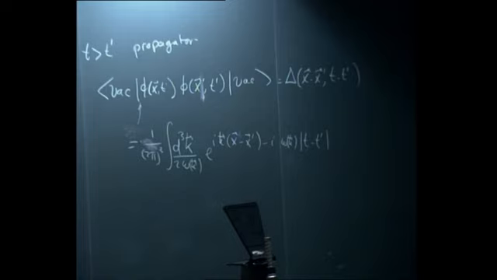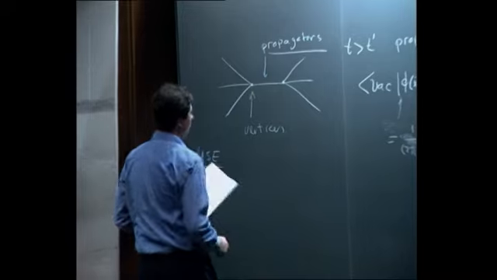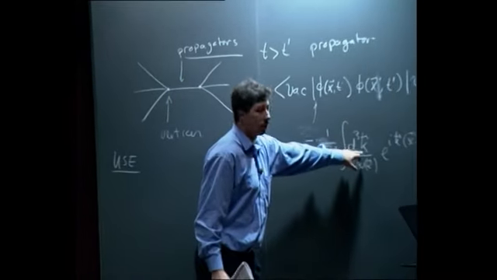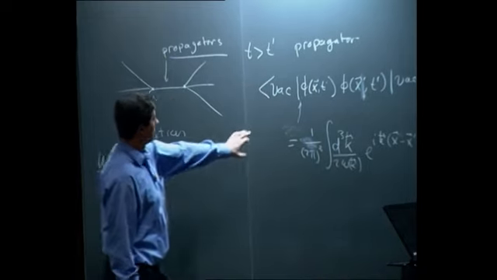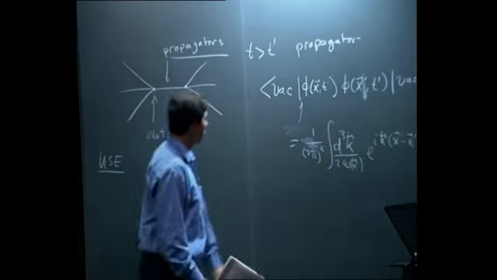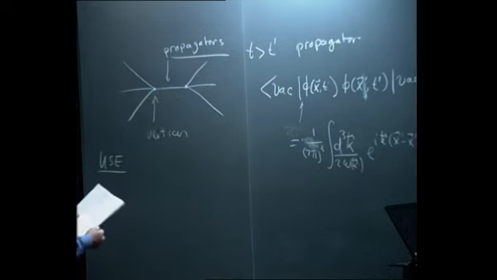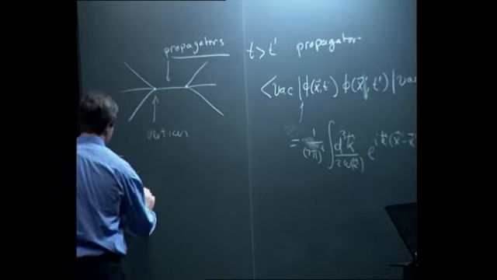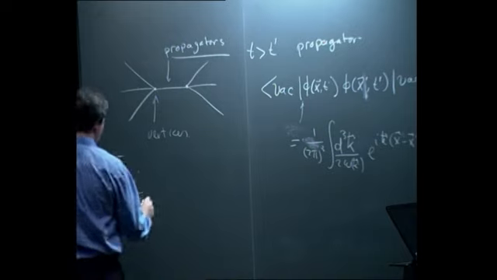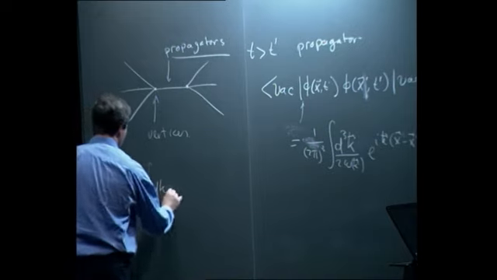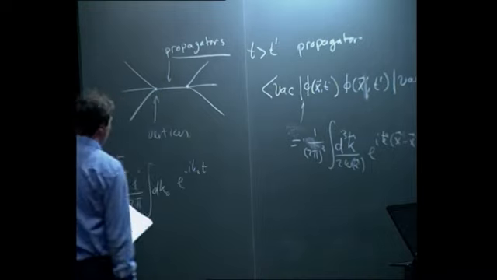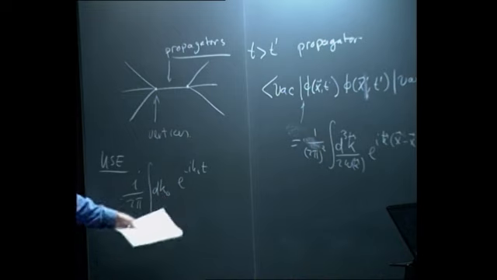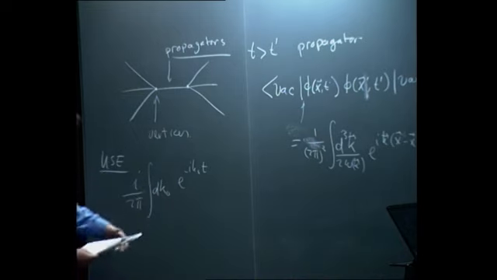Well, this you can rewrite using an identity. The reason I want to rewrite is that here I have an integration over 3 momenta, and I want to rewrite this expression in terms of an integration over 4 momenta. I use the following identity, which you can prove using just complex contour deformation. So I'm going to introduce a 4th component to the momentum, which I call k0.